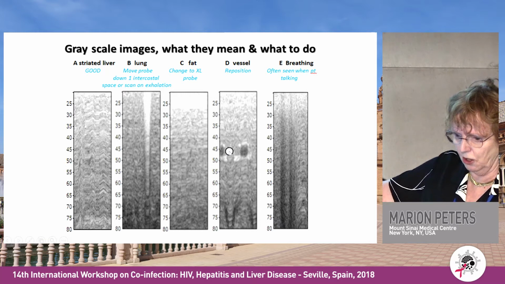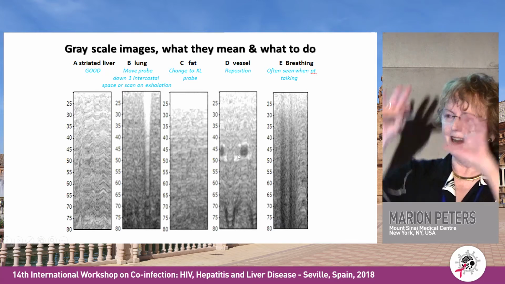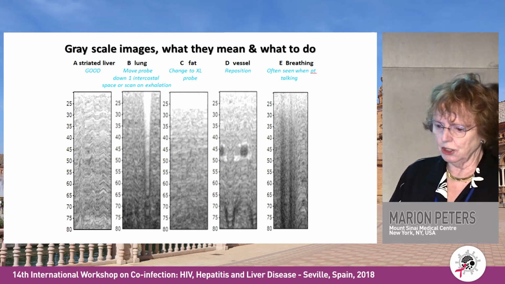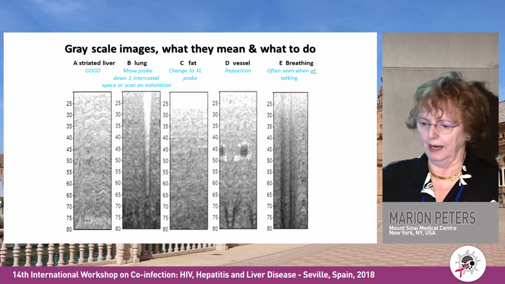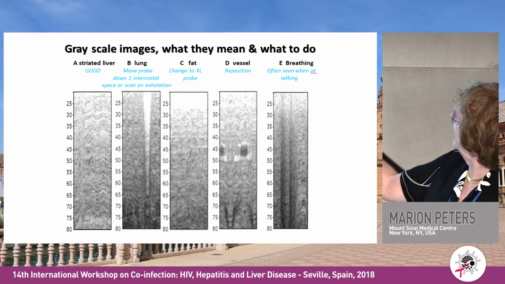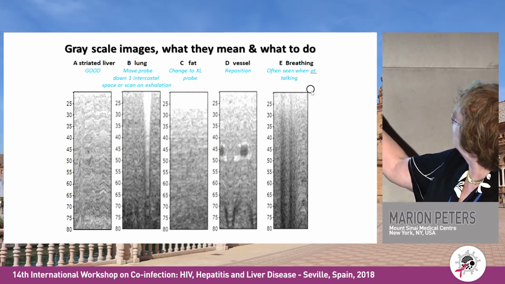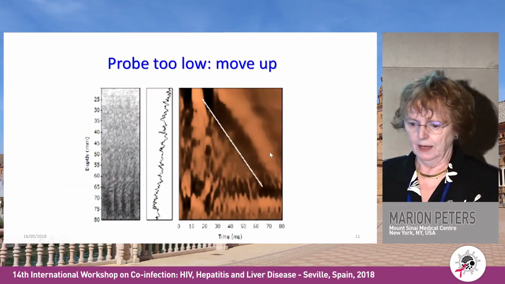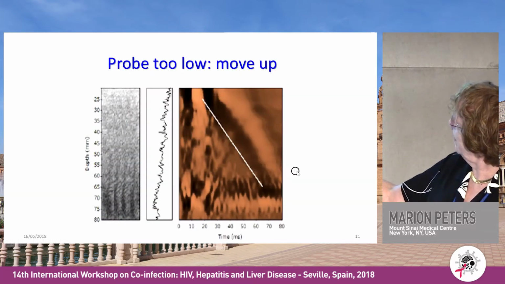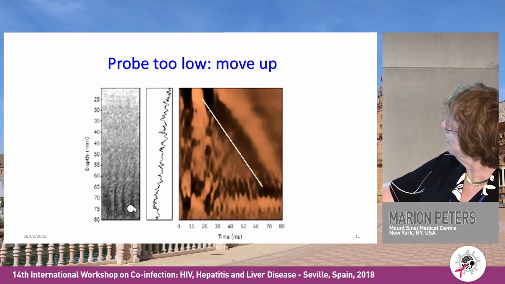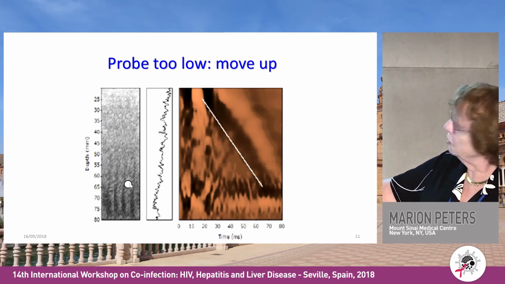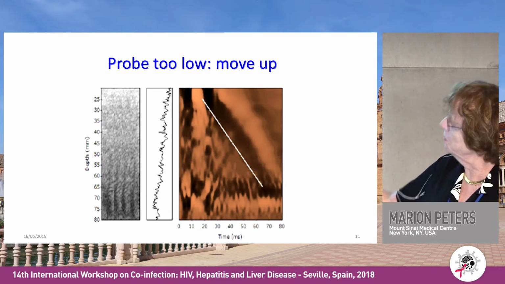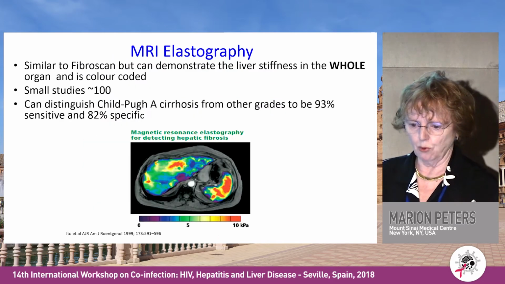This is a vessel, at 90 degrees, reposition, and on the right you can see breathing because you're looking at the Fibroscan from right to left, and this is just the effect of breathing. This is the zipper that you see if you're outside the liver. So you're too low and you need to move the Fibroscan probe.